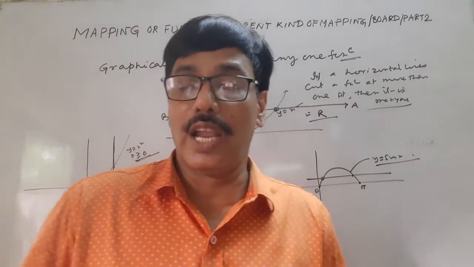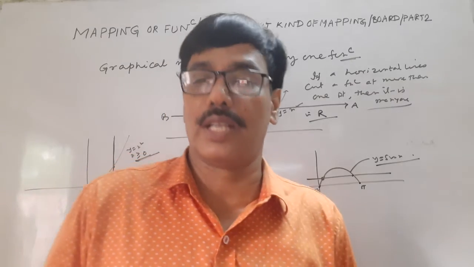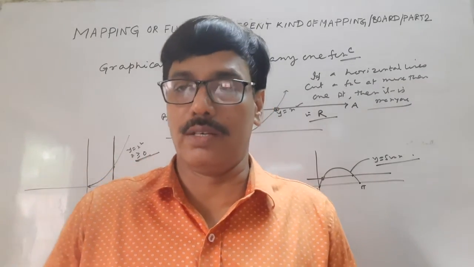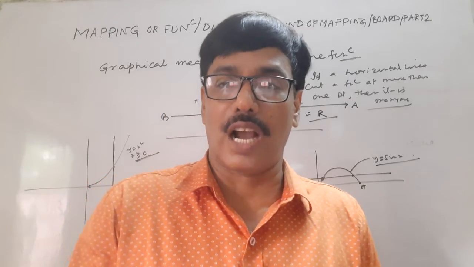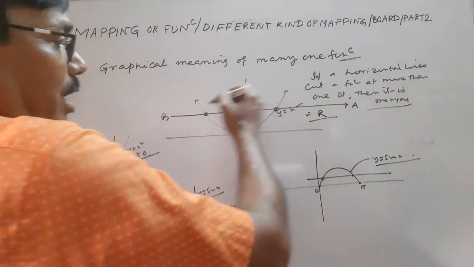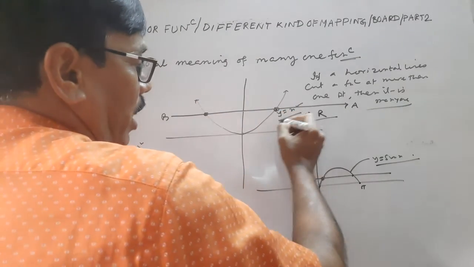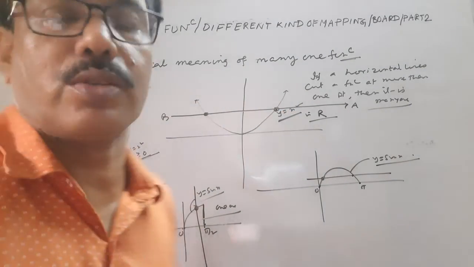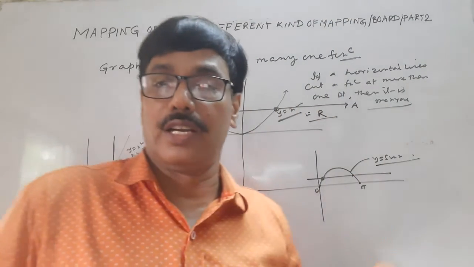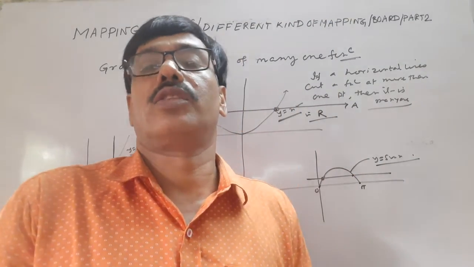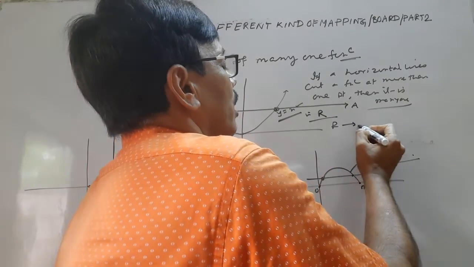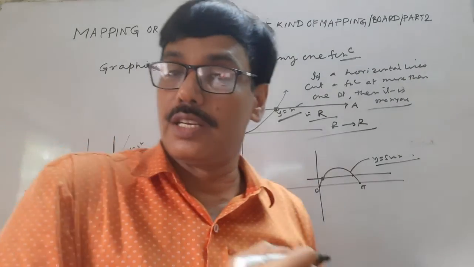That is why every many one function can be considered as a sum of 1, 1 functions. So clear? If we say y equals x square is many one, it is not sufficient. You should give the set A to B, or suppose if it is R to R, this is many one. It is clear.